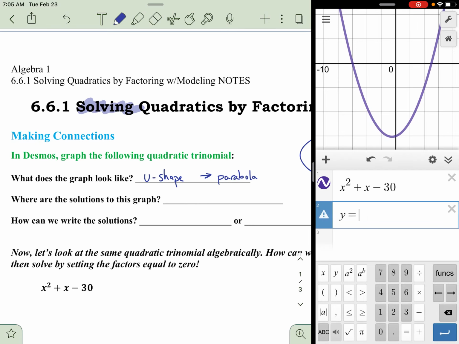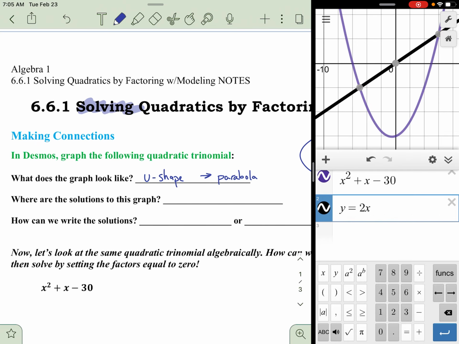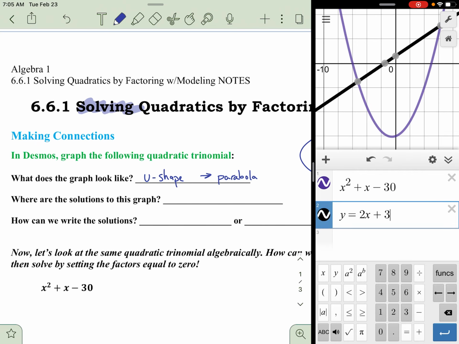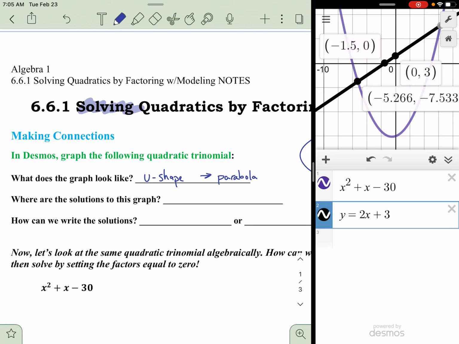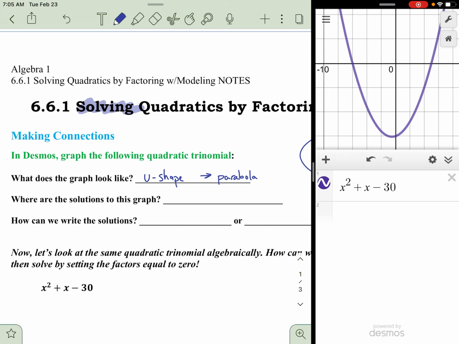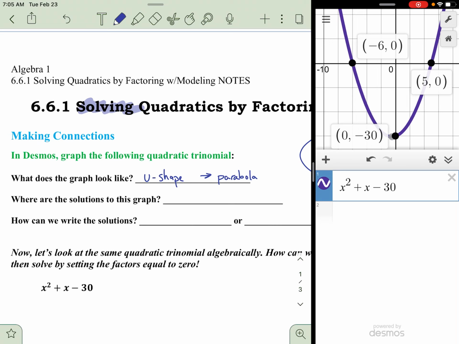At some point we will get to a point where we'll graph two equations at the same time, and that's called a system, like we did before, and now you'll have a parabola and you'll have a solution there. But for this case, we just have a singular parabola, and it doesn't have any intersections except for at the y, which is the y-intercept, and at the x.